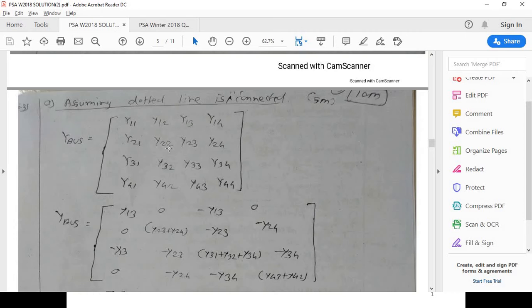Y11 is the positive sum of all the admittances which are connected to bus 1. Similarly, Y22 is the positive sum of all the admittances which are connected to bus 2. This rule is for diagonal elements only. Similarly, Y33 and Y44 are the positive sum of all the admittances connected to bus 3 and bus 4. So here we will try to calculate the Y11 parameter.